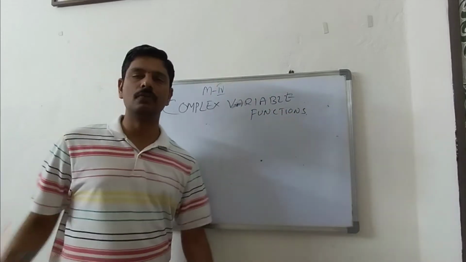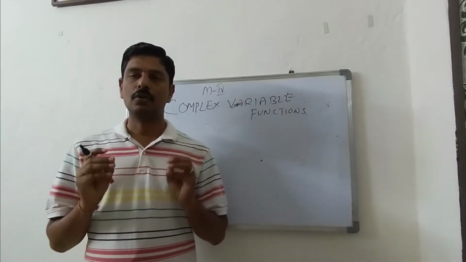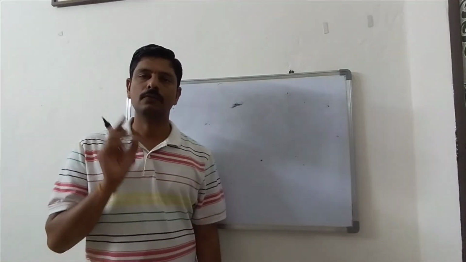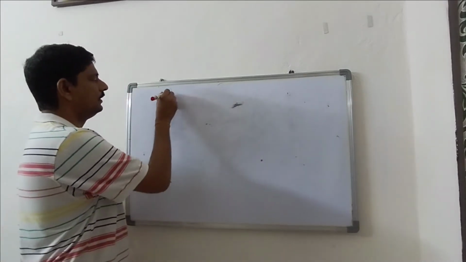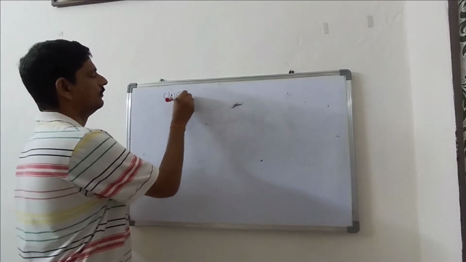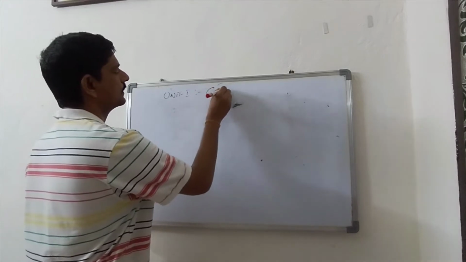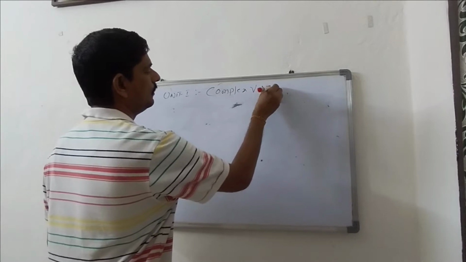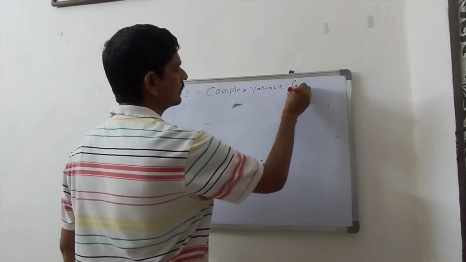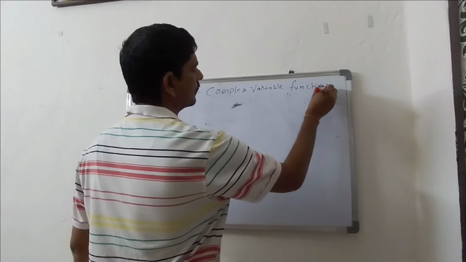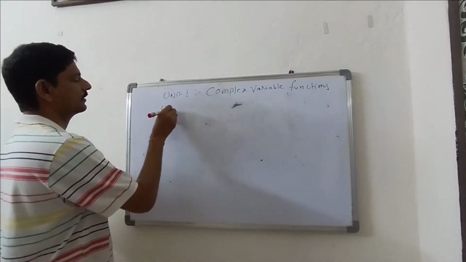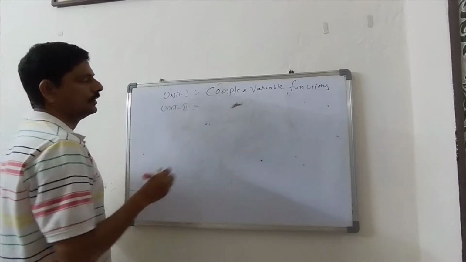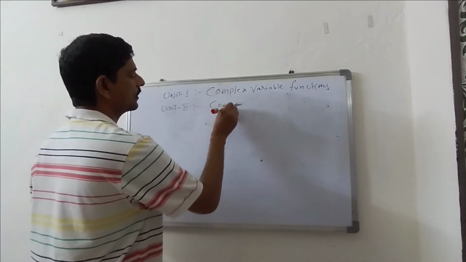So in M4 we discuss about complex calculus. Here we have 5 units. Unit 1: complex variable functions. Unit 2: complex integration.